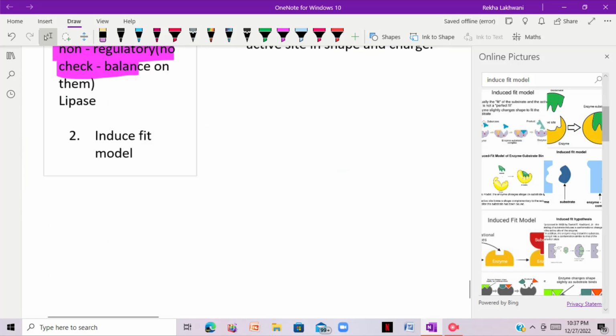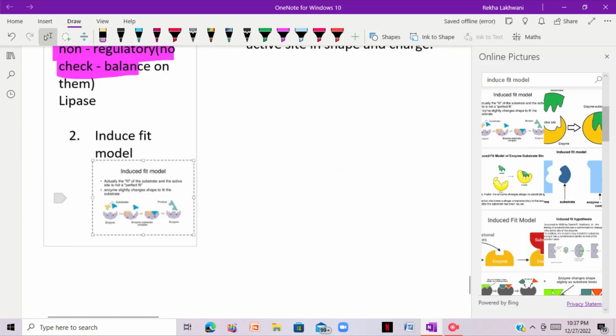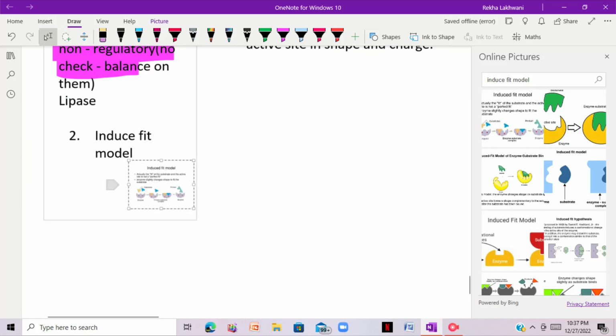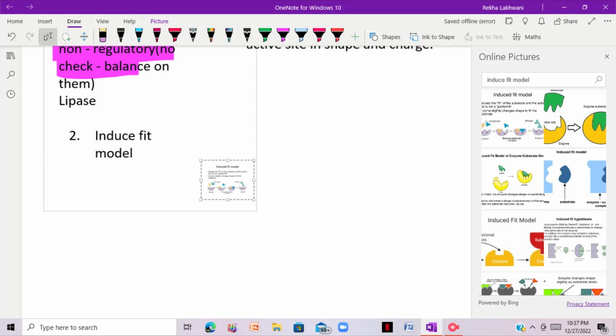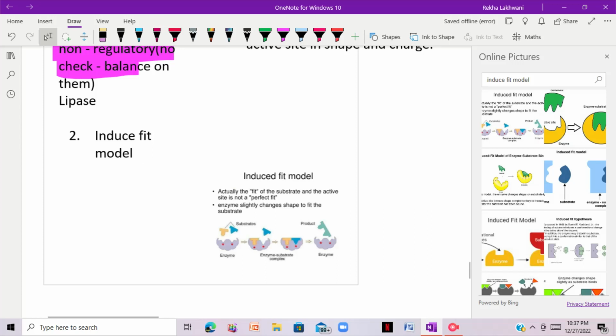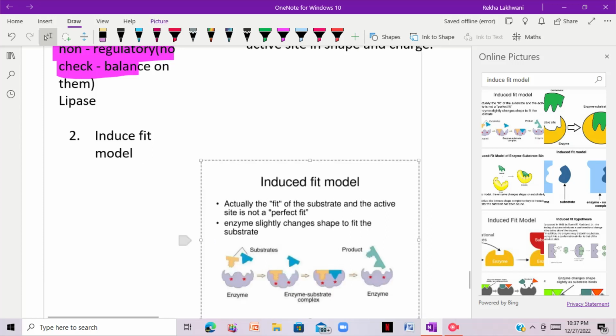Let me adjust this diagram over here. Okay, so I have adjusted this.